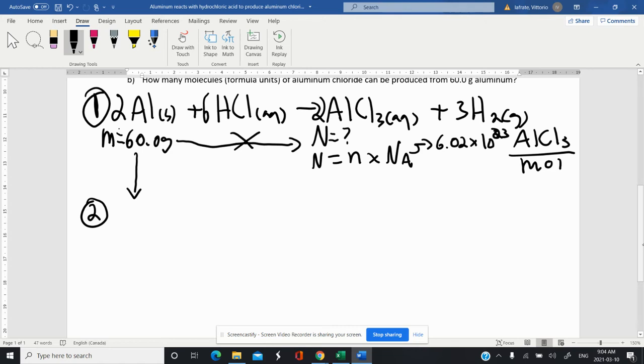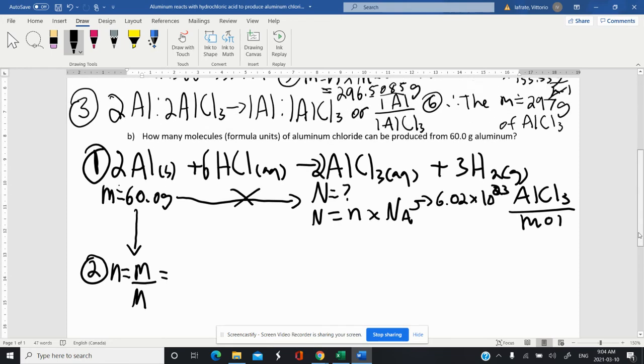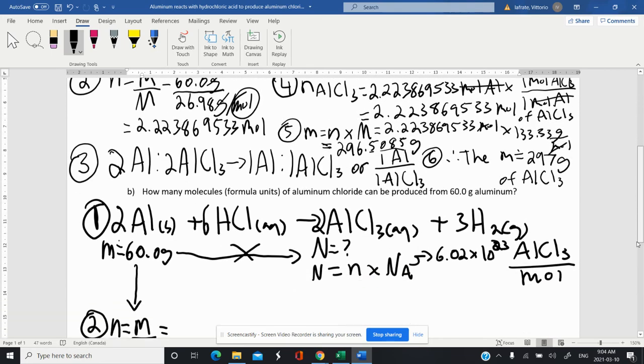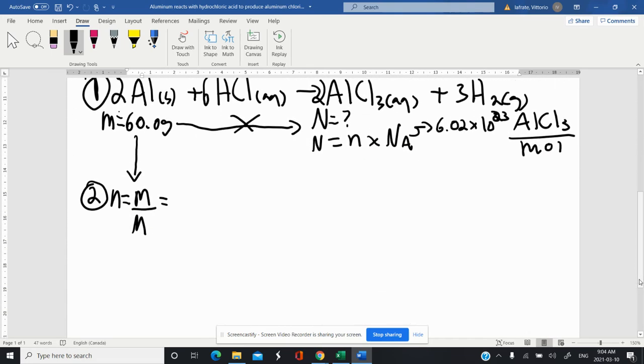We had done this in the previous question, so it's going to be essentially the same thing. The number of moles is going to be equal to the mass over the molar mass, which we found in the previous question to be 60 grams over 26.98. So 60.0 grams over 26.98 grams per mole.